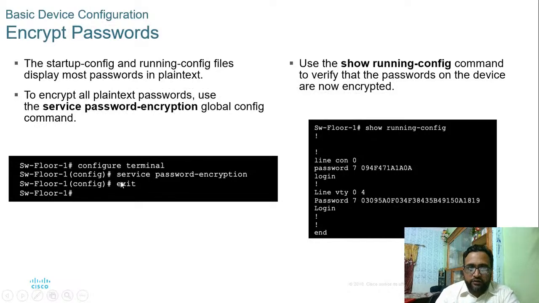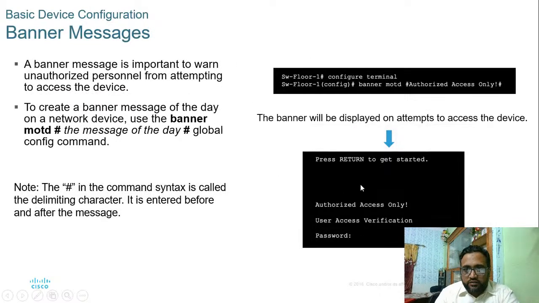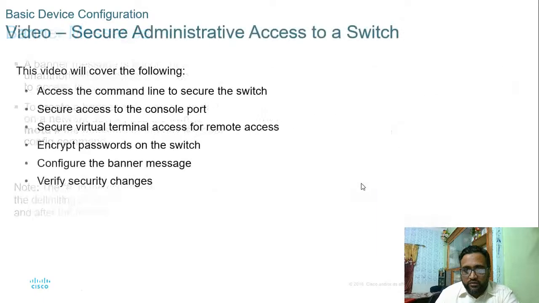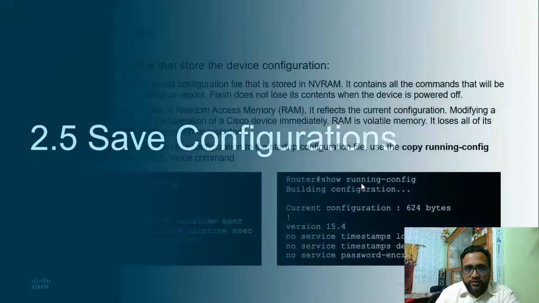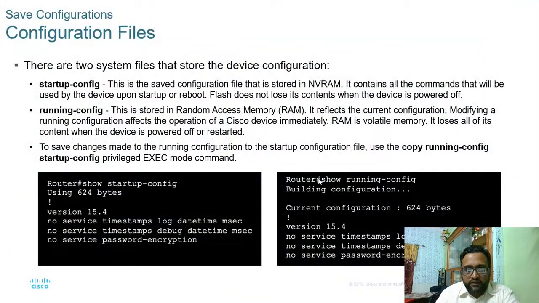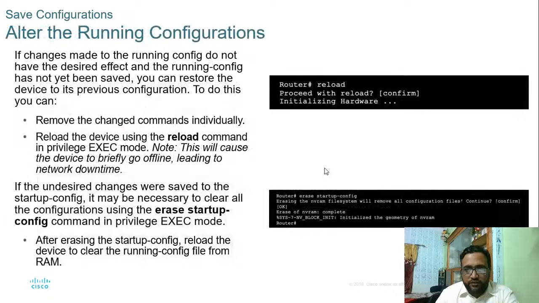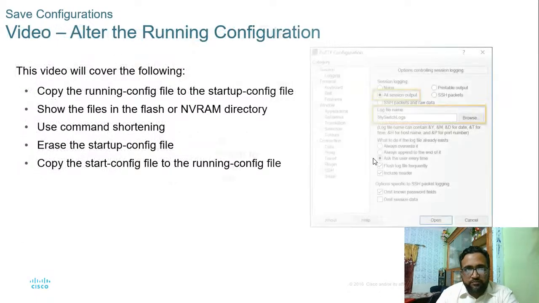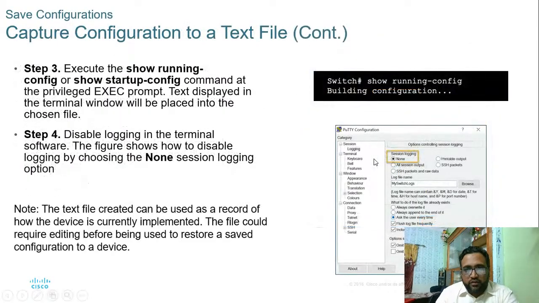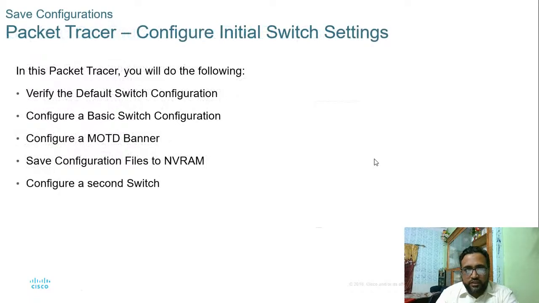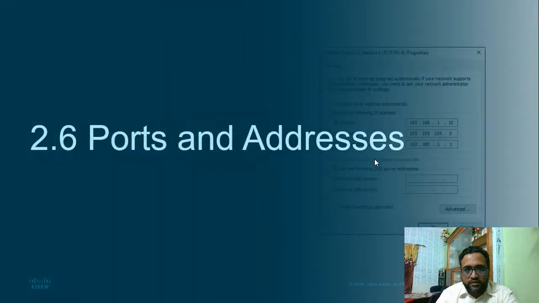We have also used the command service password encryption, and these are the passwords. In this way we have saved our running configurations into the startup configurations. And the reload command is used to restart the device. So we have discussed all of these things.